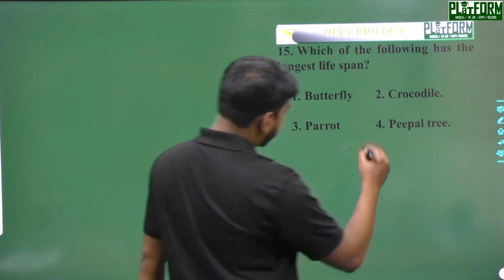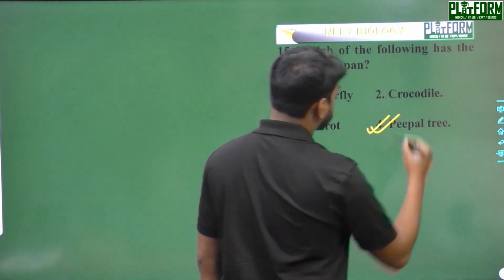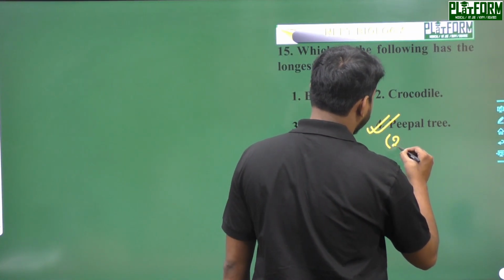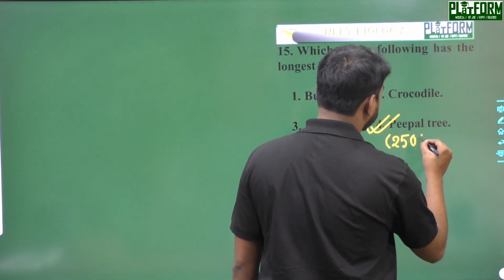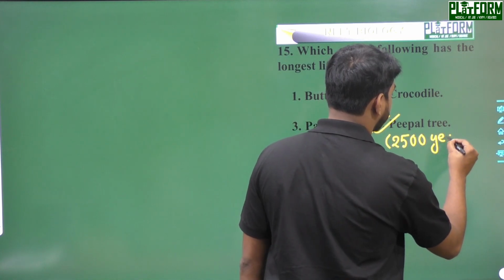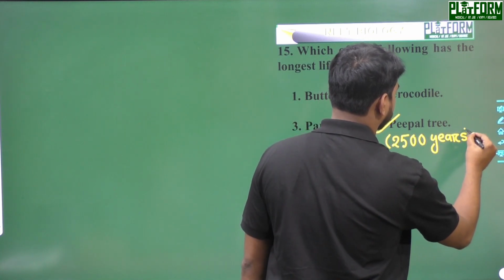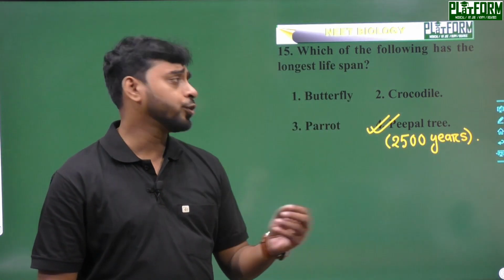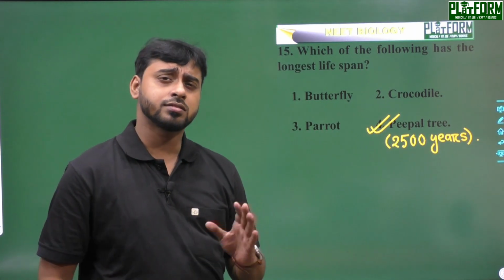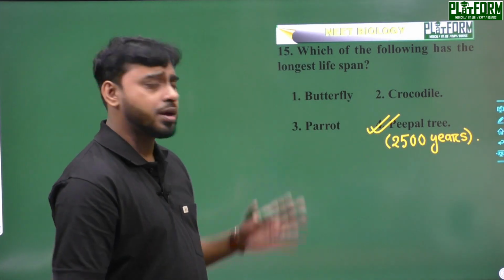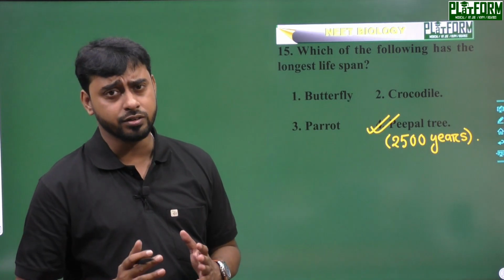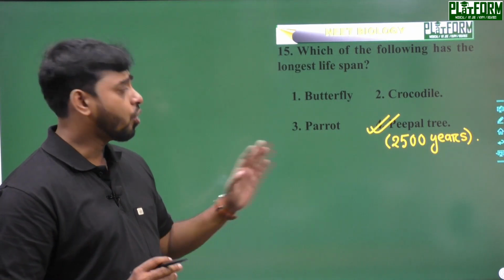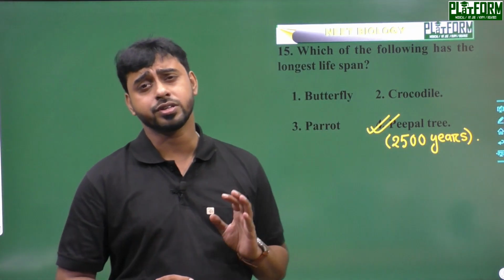The correct answer is peepal tree, where it is observed that the lifespan is 2500 years. Whereas the butterfly has a lifespan of a few weeks, crocodile near about 60 years, and the parrot 140 years. So the longest lifespan is observed in the case of the peepal tree.